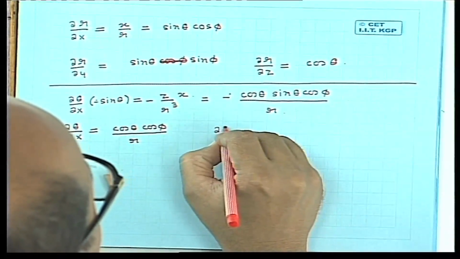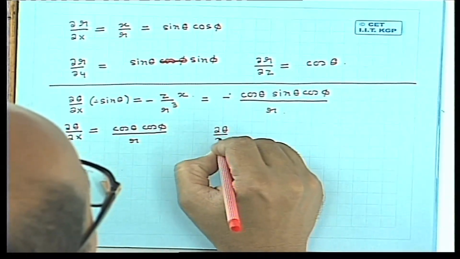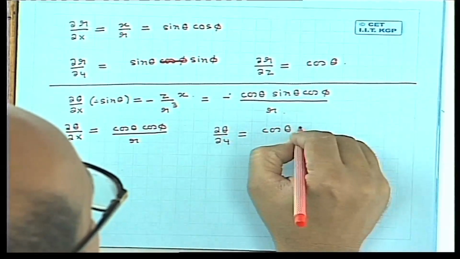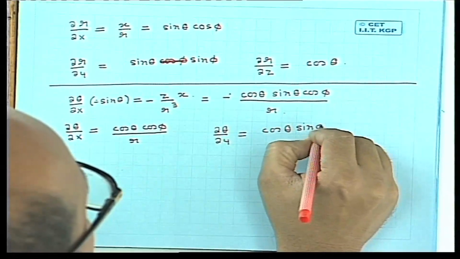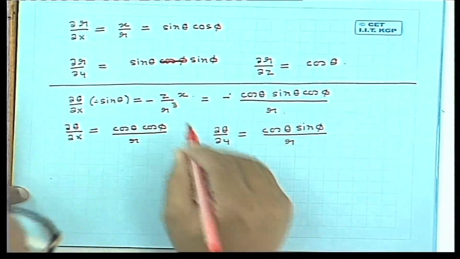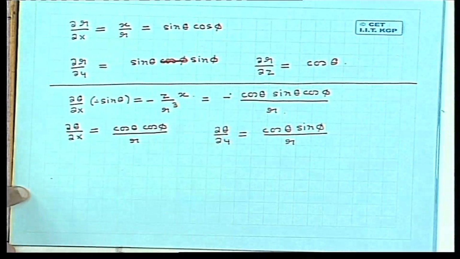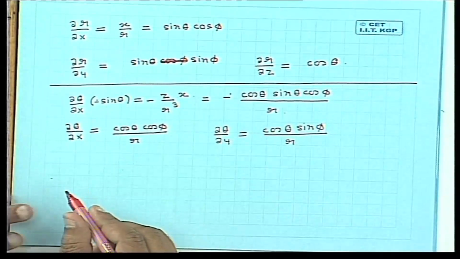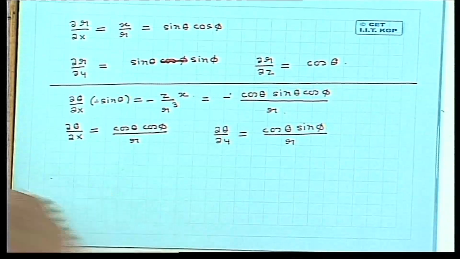Similarly, del theta del y is equal to cos theta sin phi by r. The only difference is that you will get a y here and y will give you a sin phi. So, we have these two terms. Now, we have to also evaluate del theta del z.